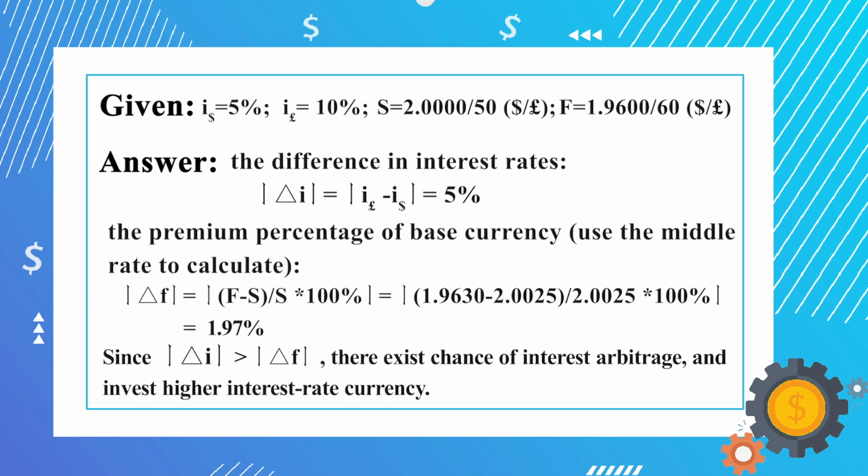Since the absolute value of delta I is larger than the absolute value of delta F, there exists a chance of interest rate arbitrage. So we invest in the higher interest rate currency.